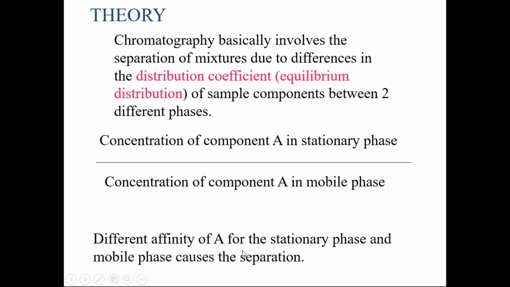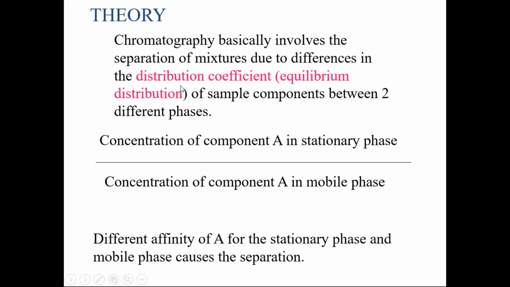So in theory, the basics of chromatography tell us that it involves the separation of mixtures due to differences in their distribution coefficient, or what we call their equilibrium distribution of sample components between two phases.